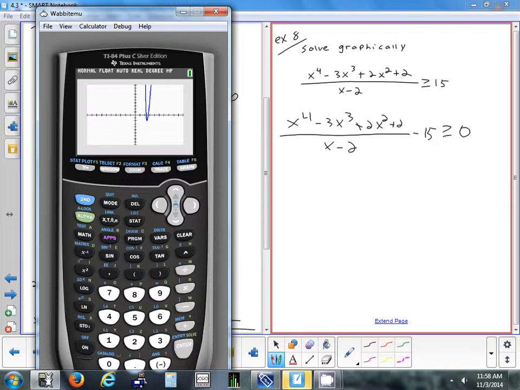We're looking for where this graph is what? Alex? Greater than or equal to 0? Yeah, we're looking for where it's above the x-axis. Right? So what I'm going to do is find both intersect points, and it's going to be everything except what's between them. Okay? What's between them is below the x-axis.